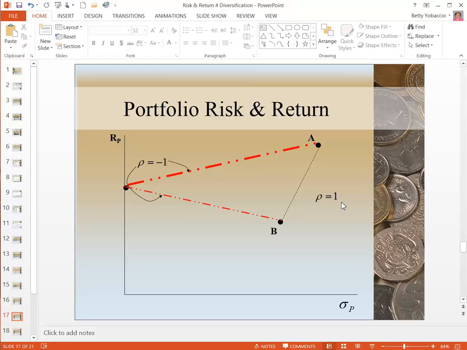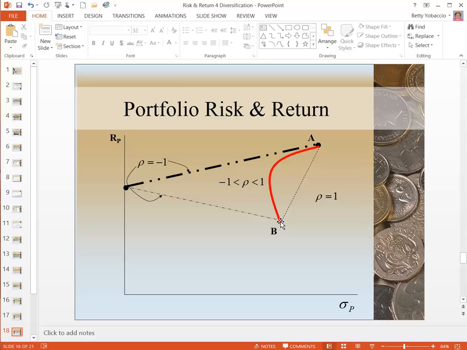Now, most stocks are neither perfectly positively correlated with each other or perfectly negatively correlated with each other. So we're going to look at the third situation, and that's where the correlation coefficient is between +1 and -1.